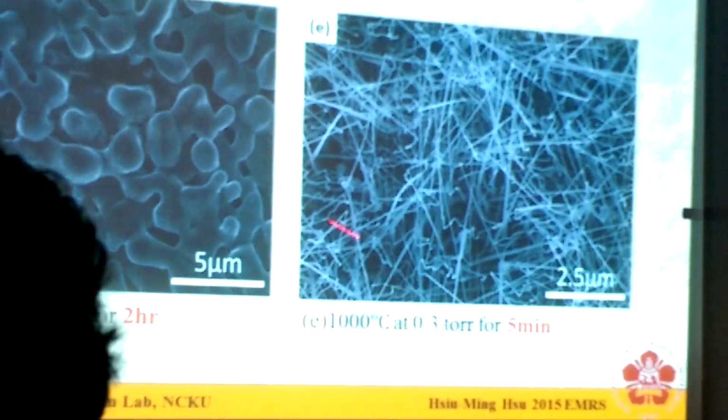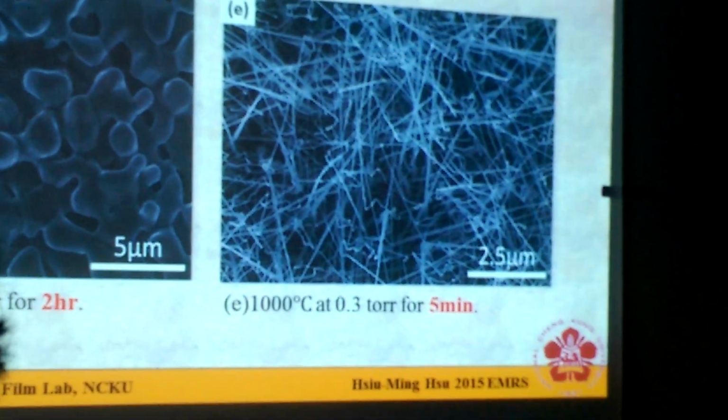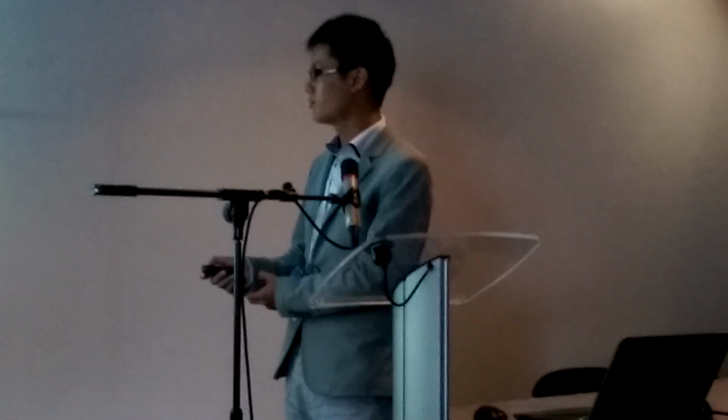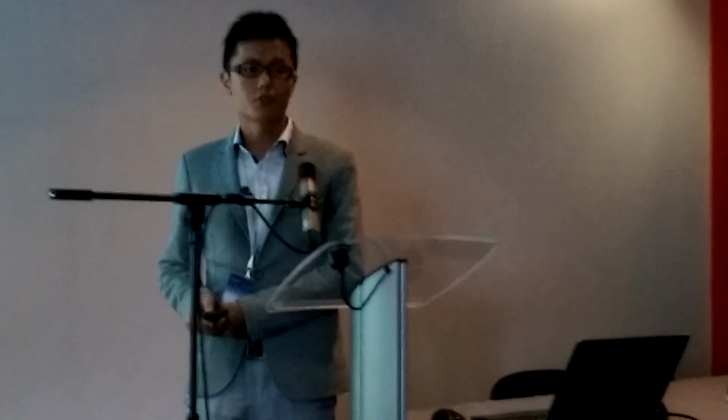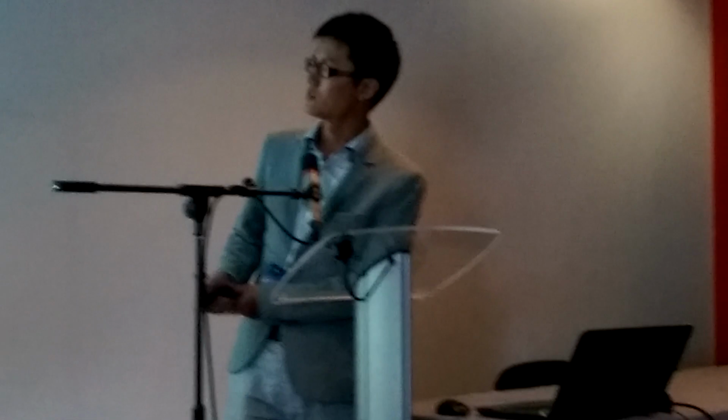Comparing these two pictures, figures 2D and 2E, the products grown at 1,000 degrees Celsius for 2 hours and for 5 minutes, we can see that the reaction rate at 1,000 degrees Celsius was pretty fast, and several minutes was sufficient and suitable for them to grow nanowires.